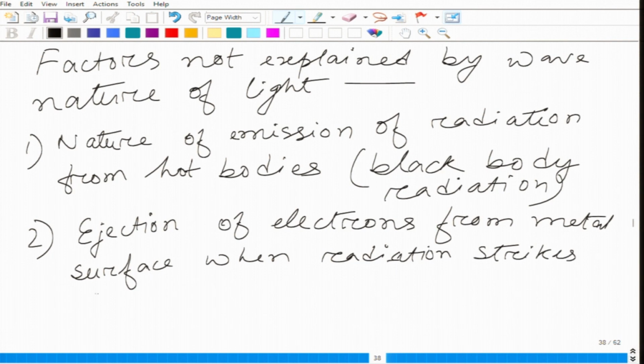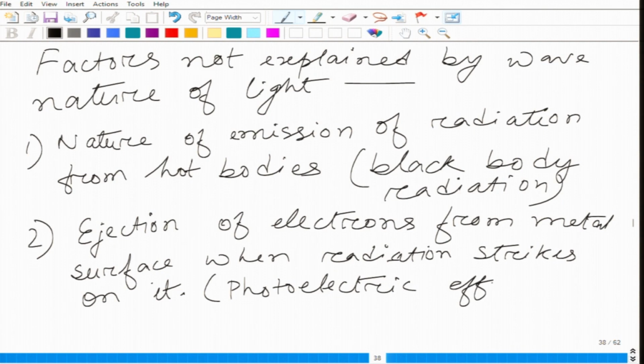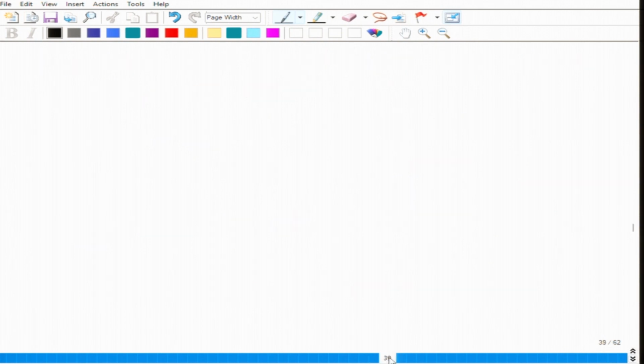When a radiation strikes on the metal surface, it ejects electrons. This was called the photoelectric effect. Photo comes from light and electric comes from electron. This was the photoelectric effect.